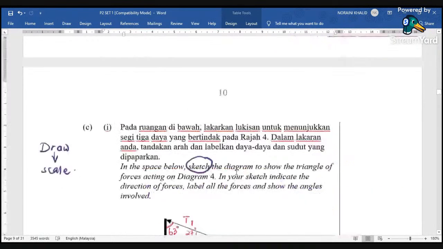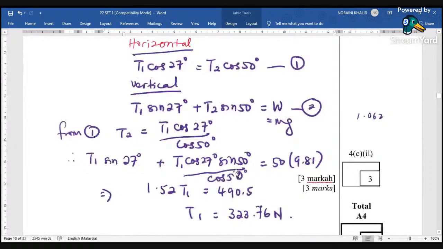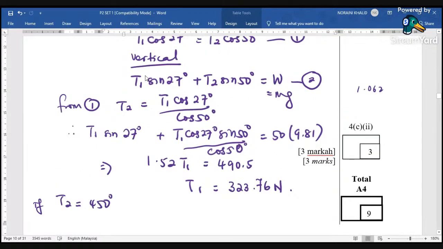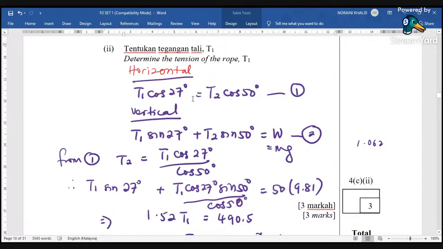If T2 is given already, so if I use this method by substitution, we get T1. If given T2 is 450, then from the first equation already we can get the answer.